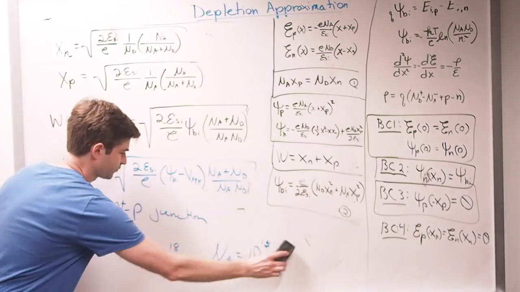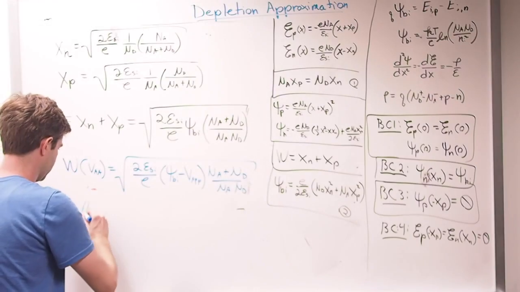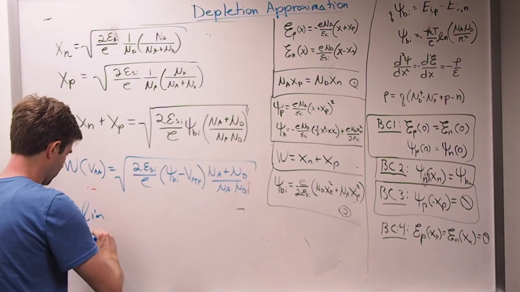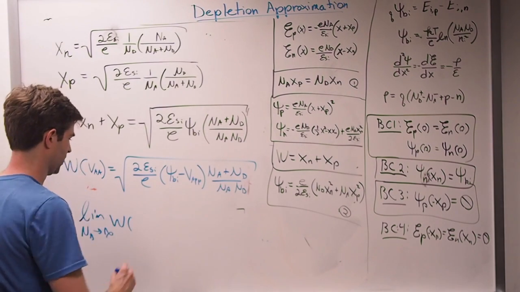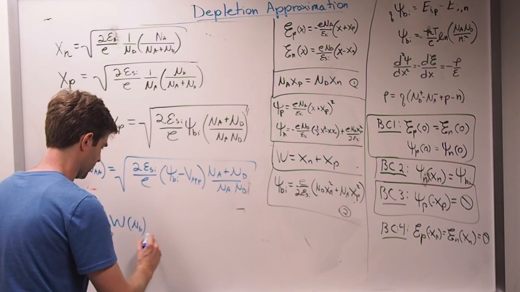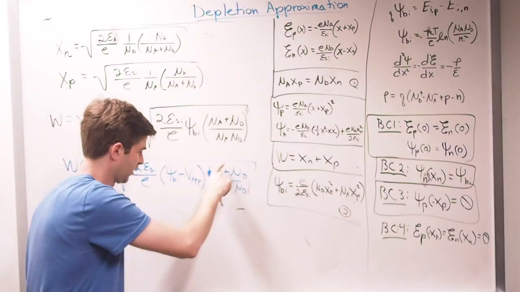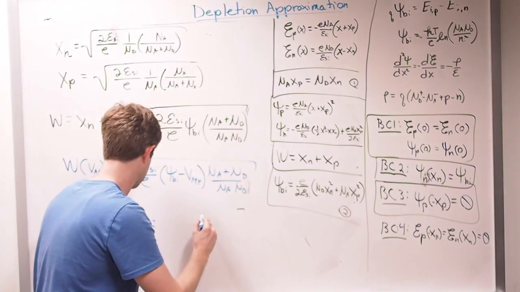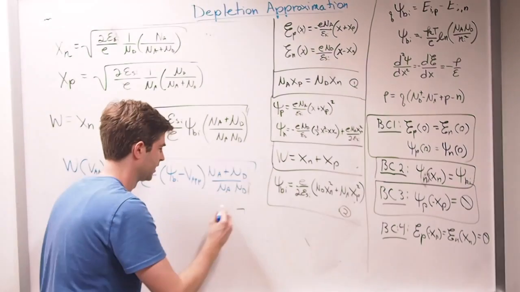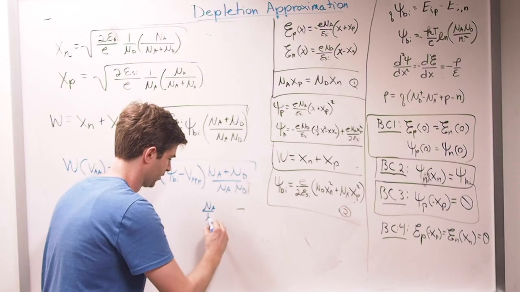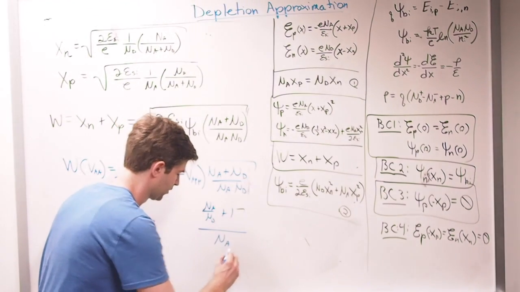So if I took this limit as ND went to infinity of W, in terms of our doping, really the only term we're concerned about is this right here. So I can multiply top and bottom by 1 over ND, and I get NA over ND plus 1 over NA, right?